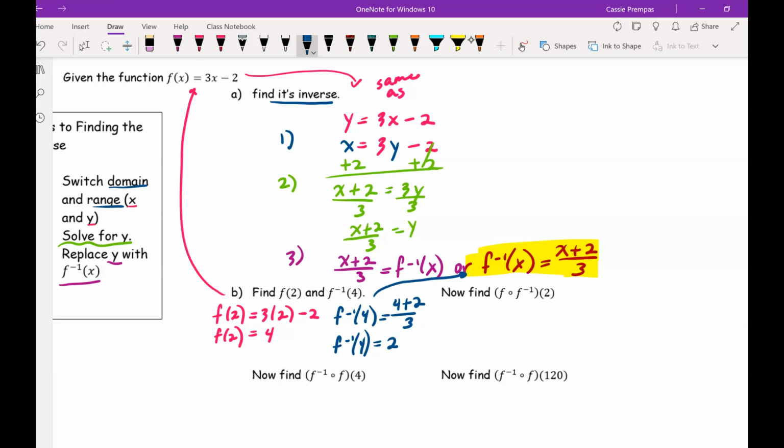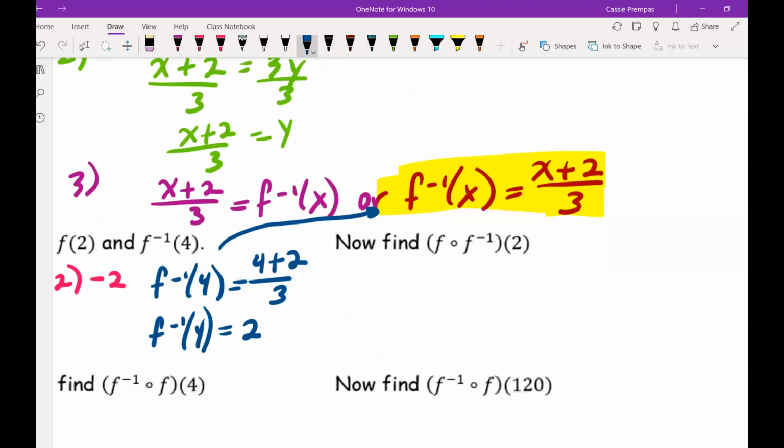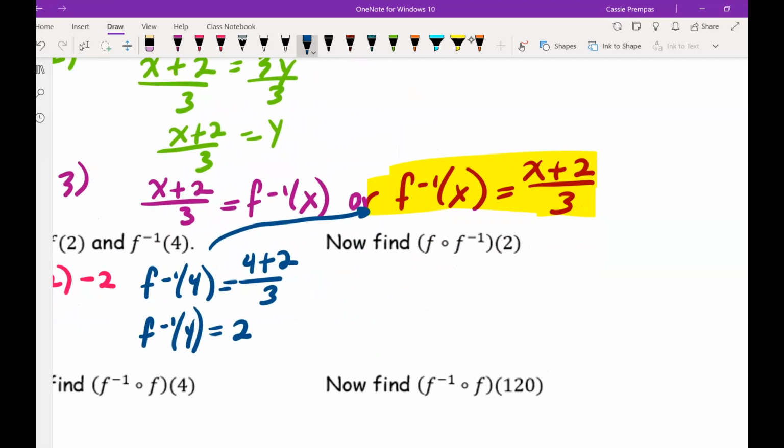Okay, now find the function of the inverse of 2. Remember, this does not mean multiplication. This means we have a function inside of a function. So this is the same as taking f of the inverse of 2. So we need to evaluate the inverse of 2 first.